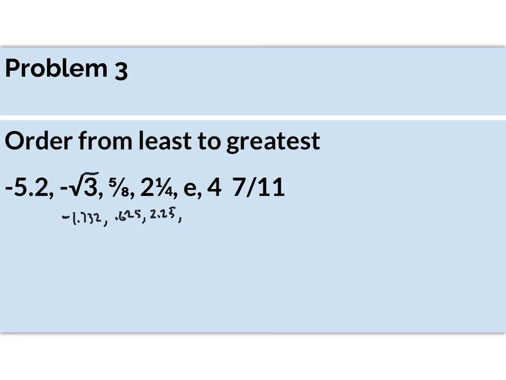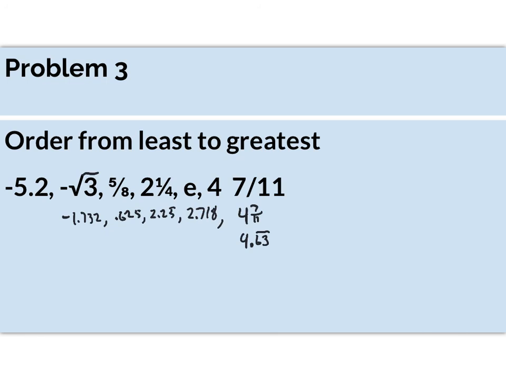And this actually is 4 7/11. 7 divided by 11 becomes 0.63 repeating. So 4.63. We'll just take the 63 as repeating.